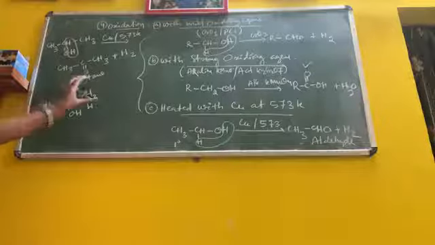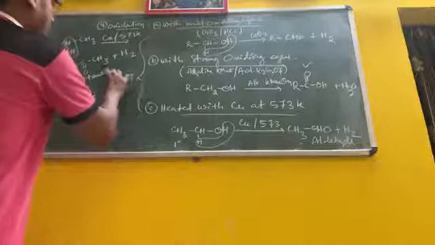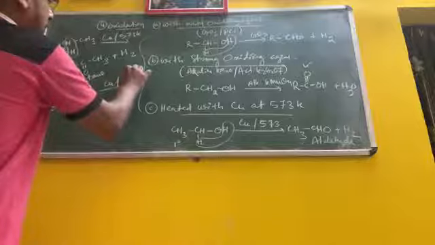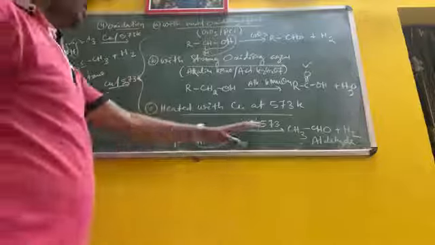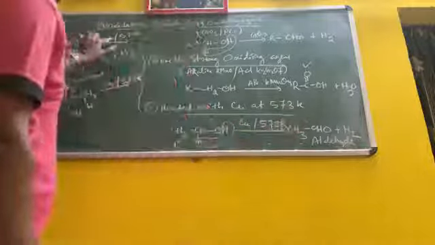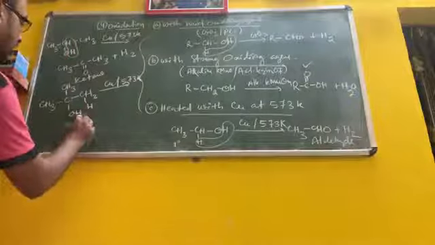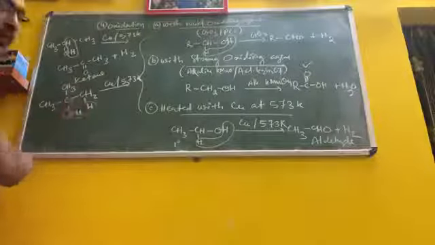Like this. You can write CH3 also, CH3 OH. Then copper 573 Kelvin. Temperature and catalyst are similar. Cu 573 Kelvin. You remember that one. Then it will form, you see, very easy.